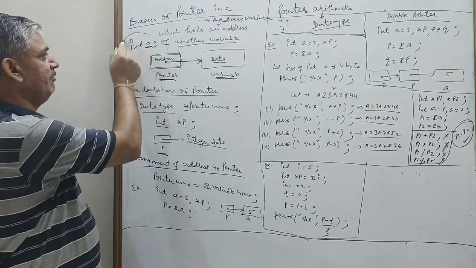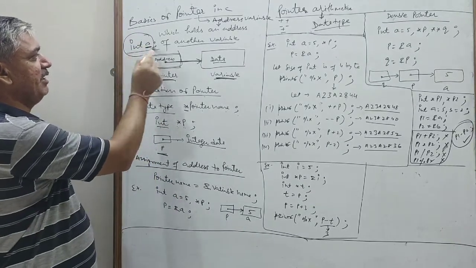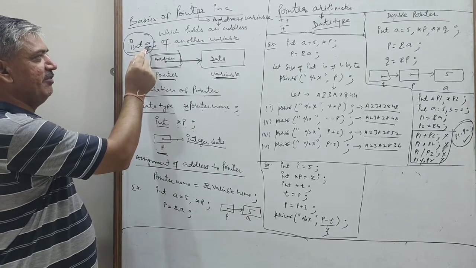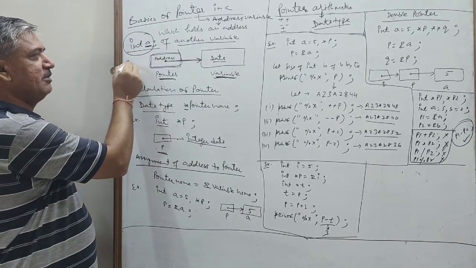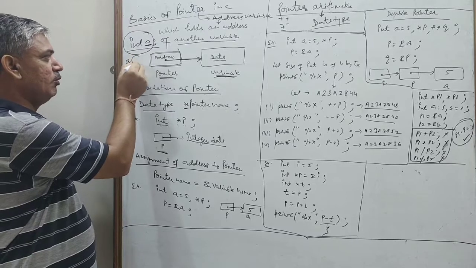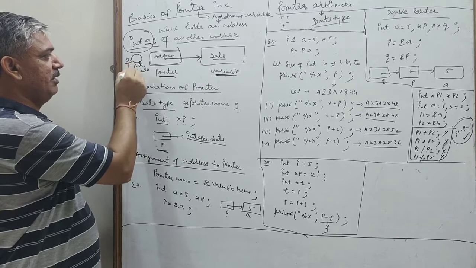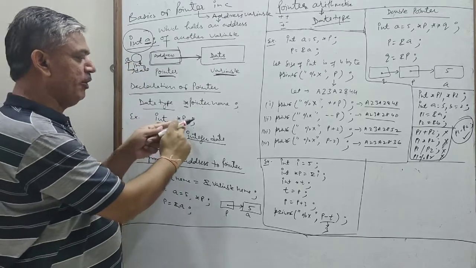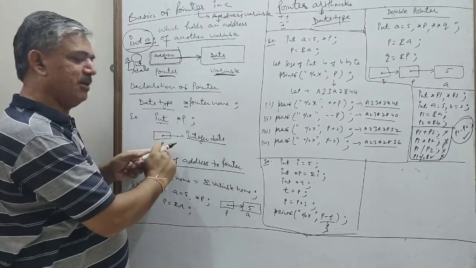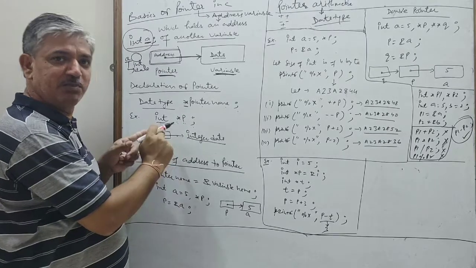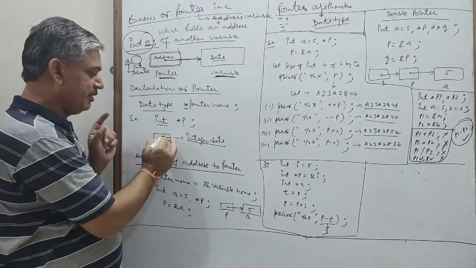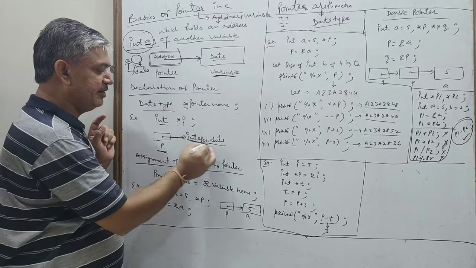Similarly, when we declare a simple variable int a;, a is the variable which is capable of holding integer type of data. But when we write int *p, p is a pointer variable, or a pointer which points to integer data.